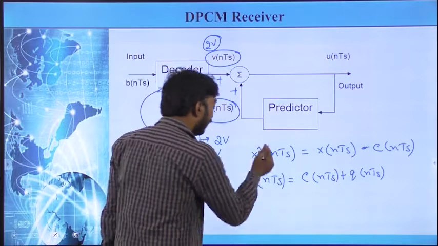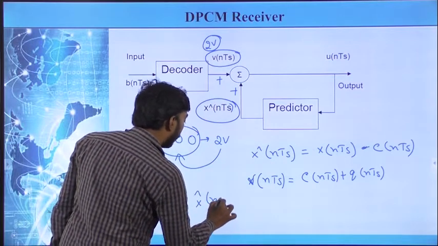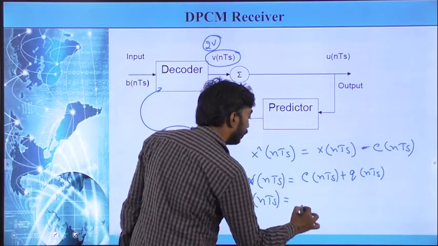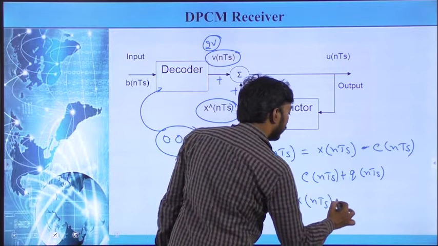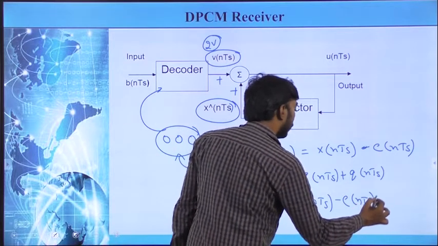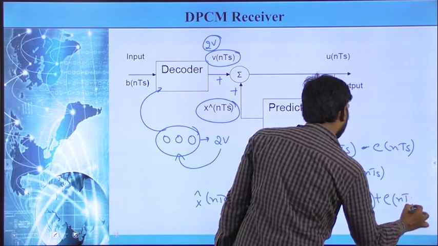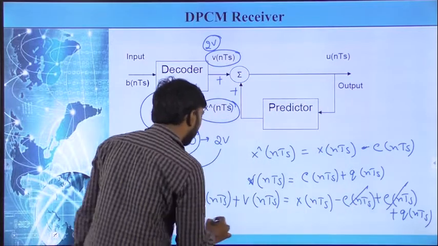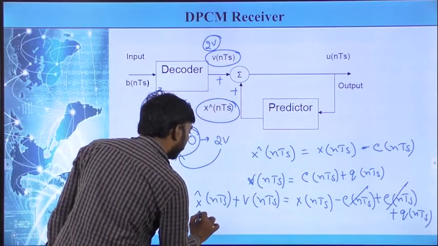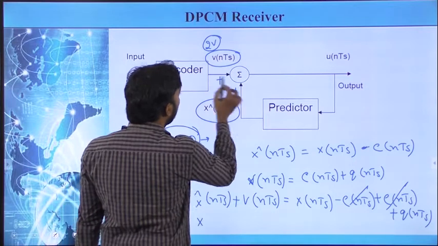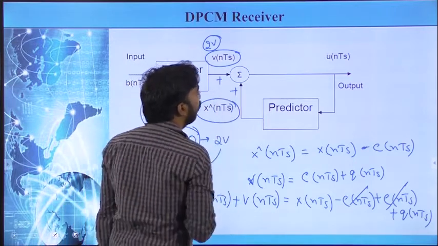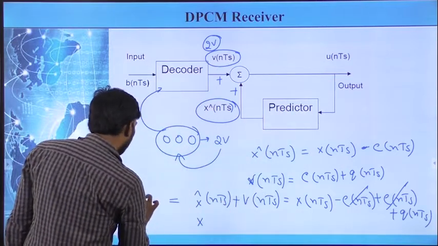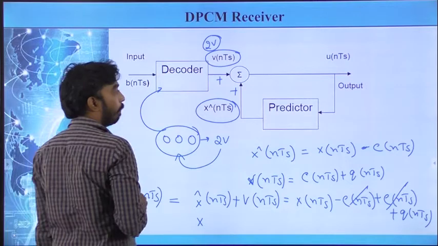And now I am adding these two, X cap of nTs plus V of nTs, which is equal to X of nTs minus E of nTs plus E of nTs plus Q of nTs. Now if these two are cancelled, what is the resultant I am going to get? U of nTs, right? What is it? This is equal to U of nTs.